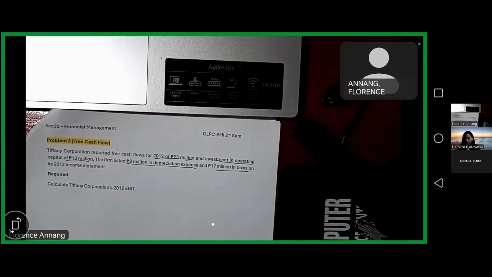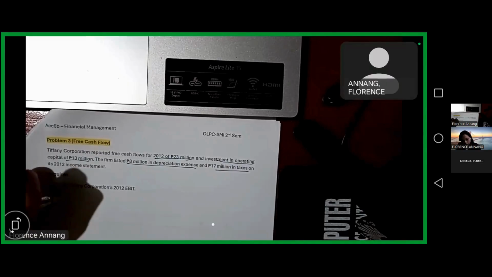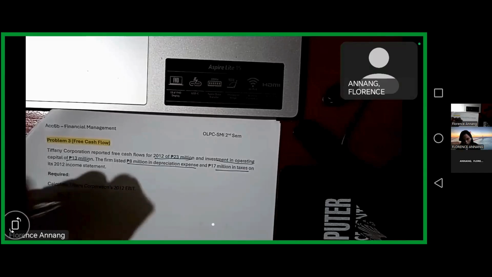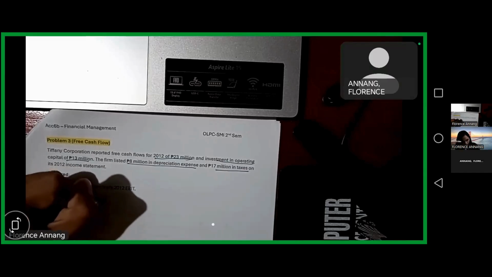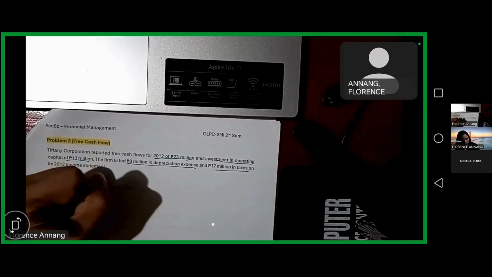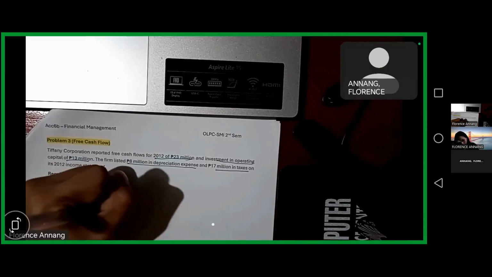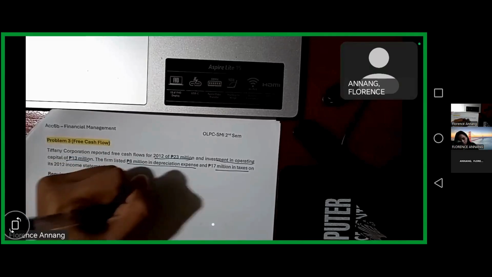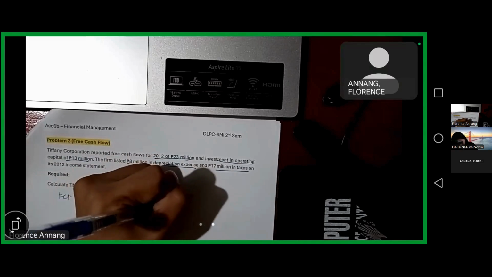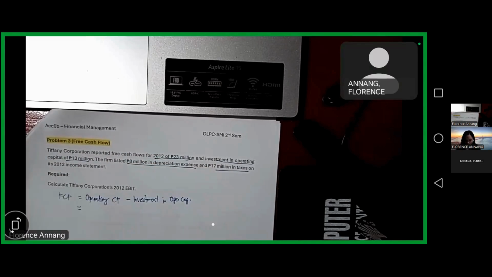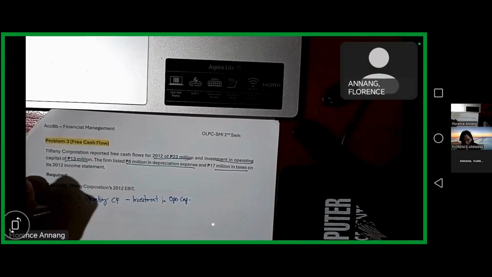I-plot natin ulit ang ating formula for free cash flow, that is operating cash flows less investment in operating capital. And magkano yung ating free cash flow? Sabi niya, meron daw tayong 23 million.